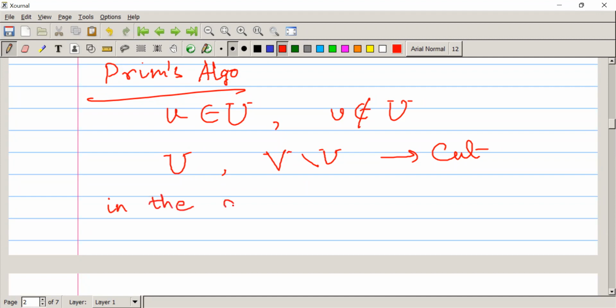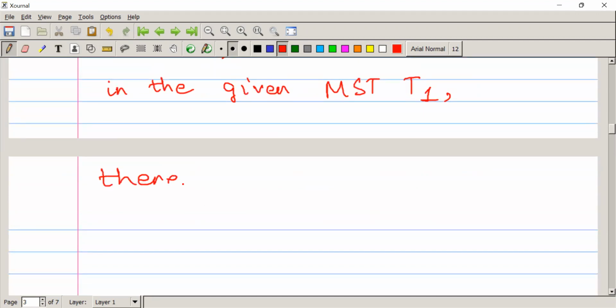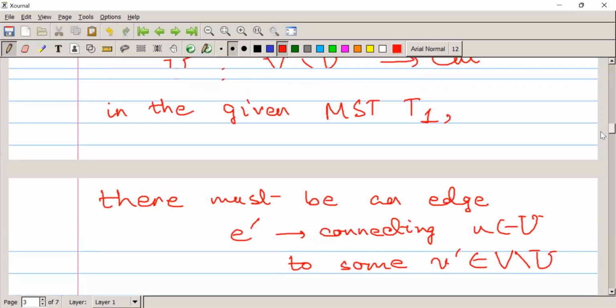In the given MST, T1, there must be an edge E prime connecting U in U to some V prime in V minus U, right?